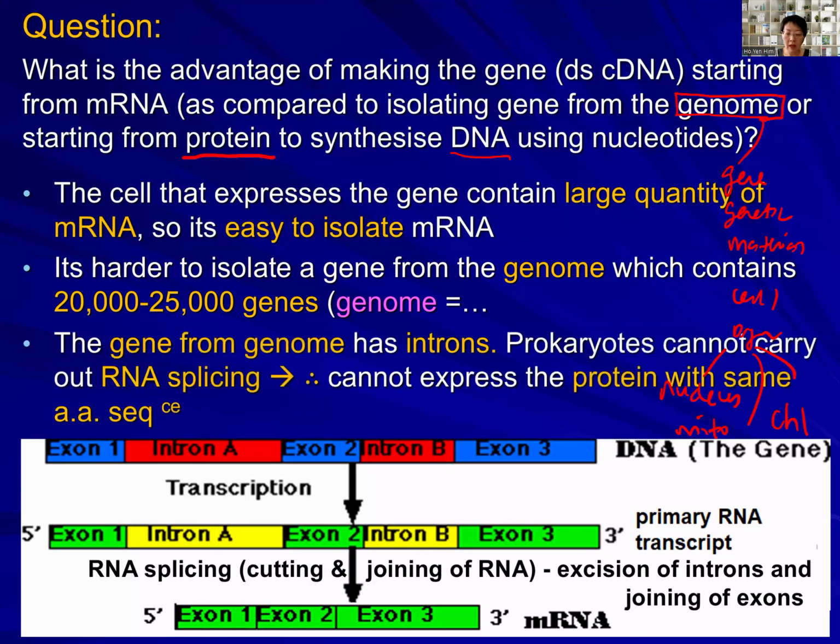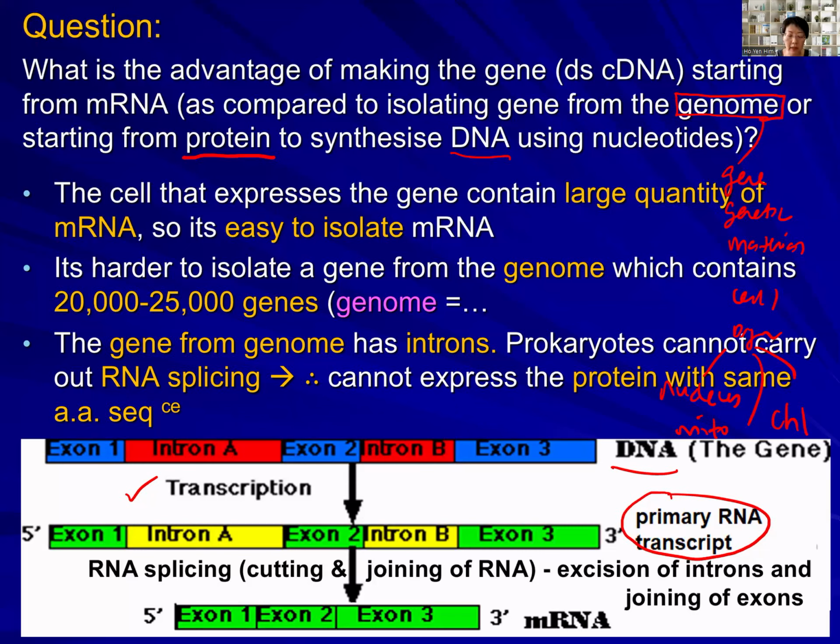Okay, and also one more thing. In the process of gene expression, when you start from DNA, the gene in the DNA contains both exon and intron. So after transcription, we will form primary RNA transcript, and this primary RNA transcript contains both the intron and exon. So the next step is actually processing.